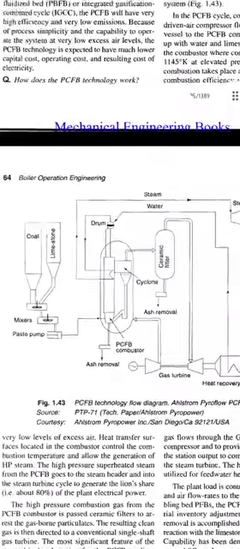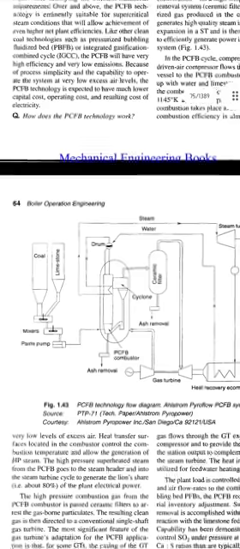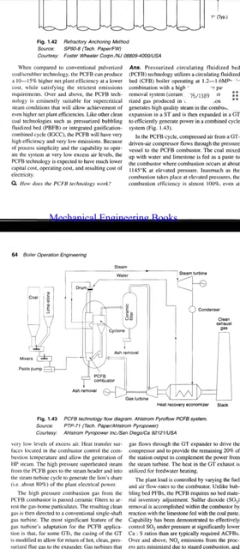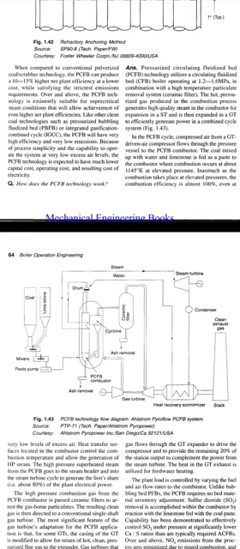So we can see the diagram, PFBC technology flow diagram. Alstom Pyroflow PCFB system, source PTP71, courtesy Alstom Pyropower. In this diagram we can see the coal feeding and limestone feeding on the left side of the diagram from the mixture and paste pump to the PCFB combustor.